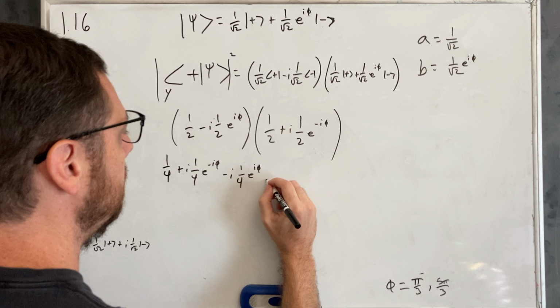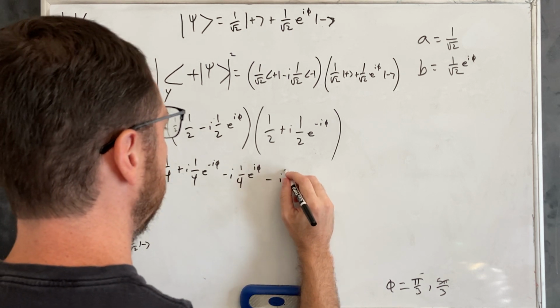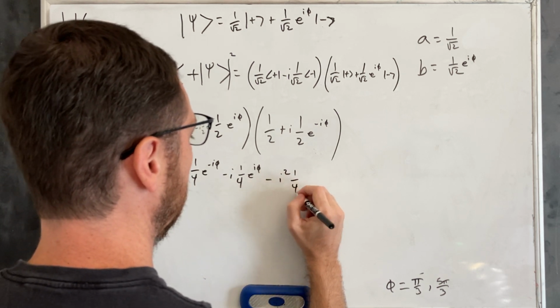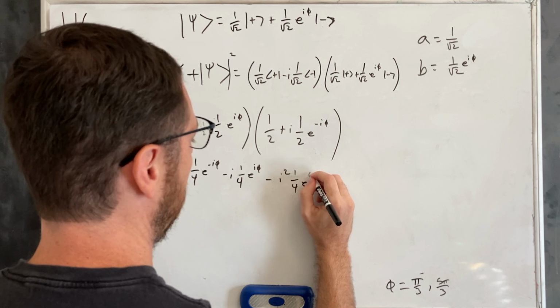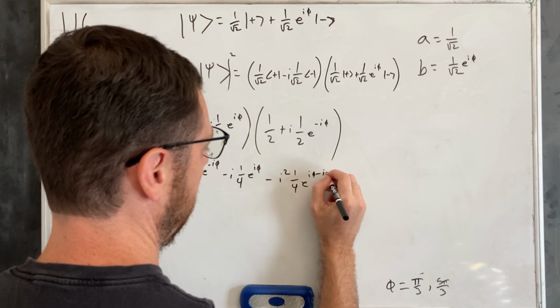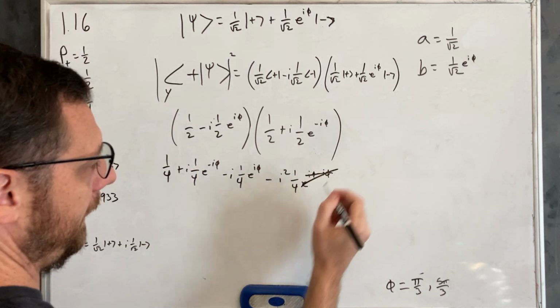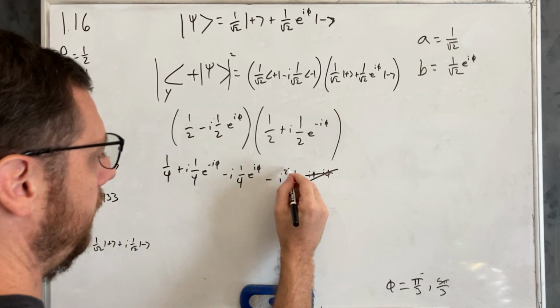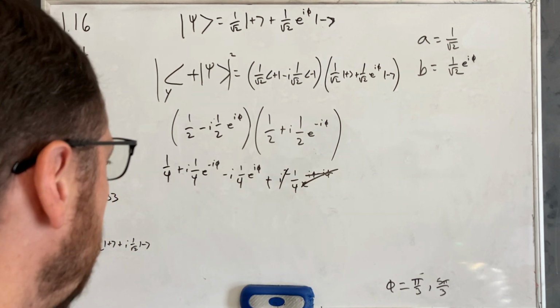And then we have negative i squared 1/4 e to the i phi minus i phi. That cancels out. This cancels out and becomes plus.